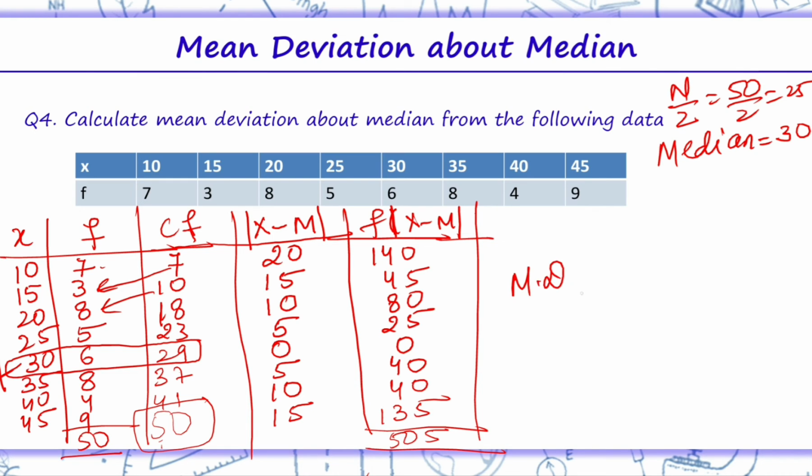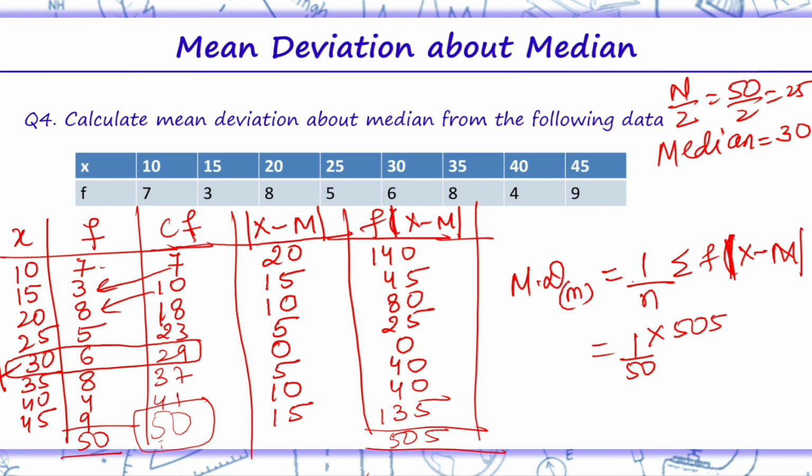Now we calculate mean deviation about median: 1 by n summation of f into mod x minus median, so 1 by 50 into 505, which comes out to be 10.1. In this part we studied mean deviation about mean and median of a discrete frequency distribution.